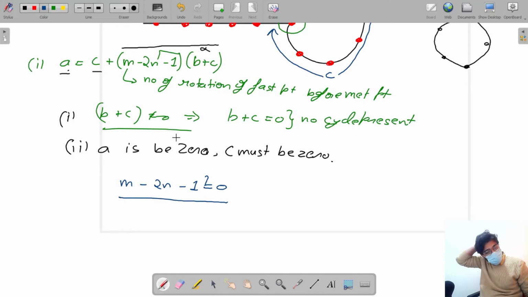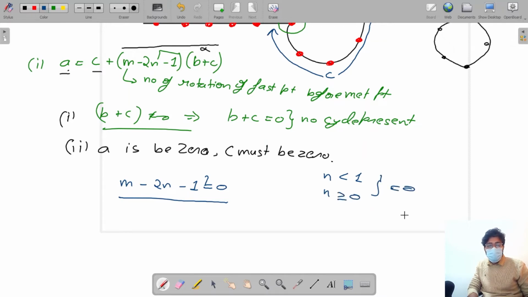But if you remember, the rotation by the slow pointer is smaller than 1, so N must be greater than 0. So N is almost 0. So I can say that M minus 1 is equal to 0, and I can say that M is equal to 1. Isn't it right?